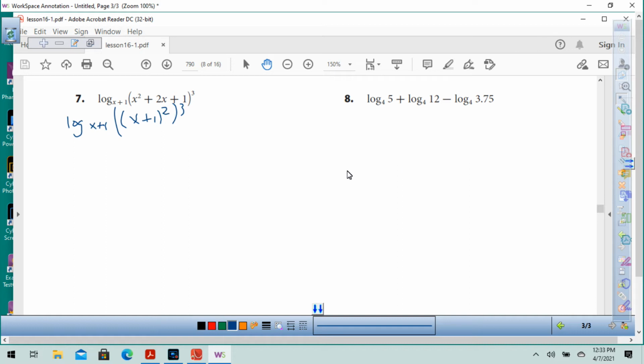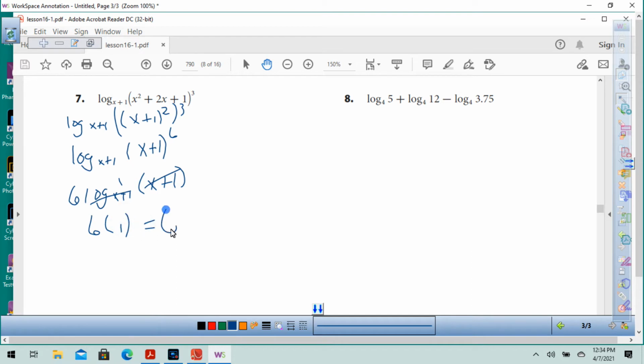That is squared. All right, so we can get rid of these parentheses here. We'll say log base x plus 1, and that's going to be x plus 1 to the 2 times 3, which is 6. You can move this out front. You've got 6 log base x plus 1 of x plus 1. Those two will cancel out and become 1, so you have 6 times 1, which is 6.